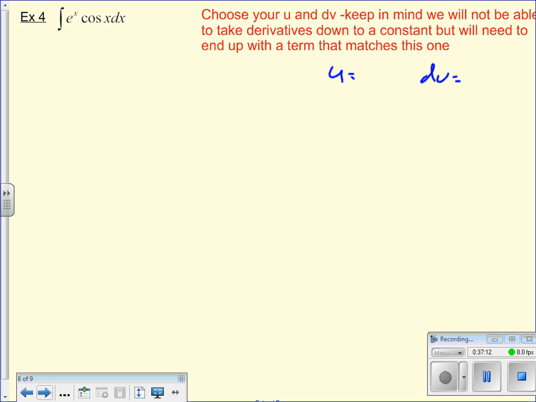So let's see. LIPET: logarithm, inverse trig, polynomial, followed by exponential. Do we have an exponential? Yes. All right, those of you that said no, shame on you. e to the x, remember the exponential, so the exponential is in there. So that means our u is e to the x.